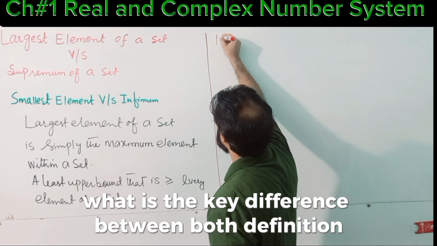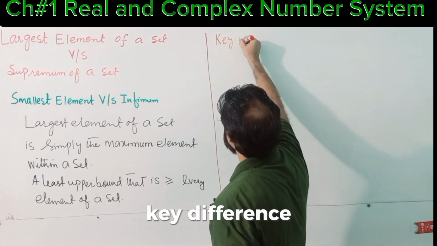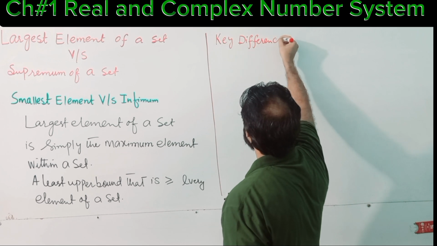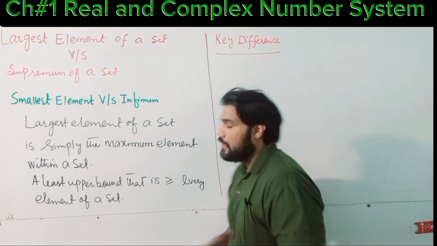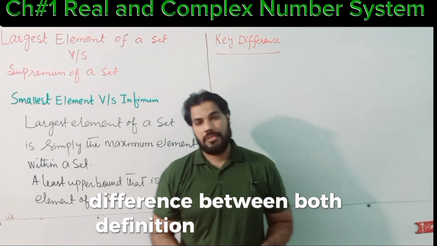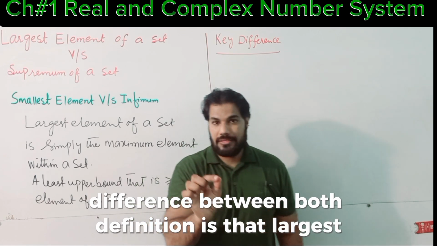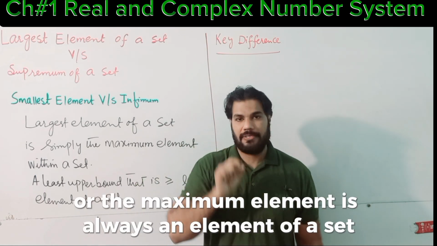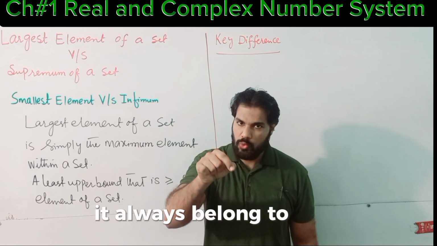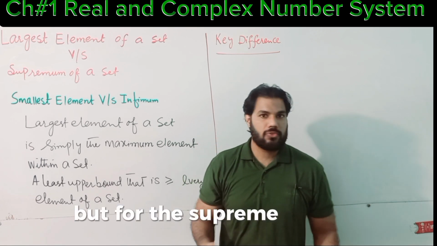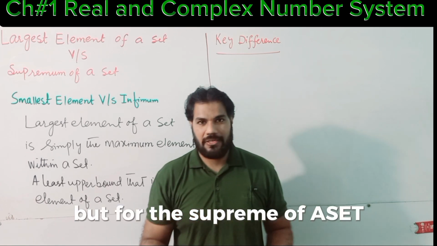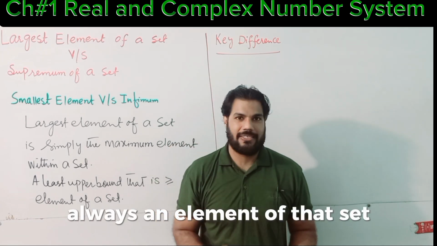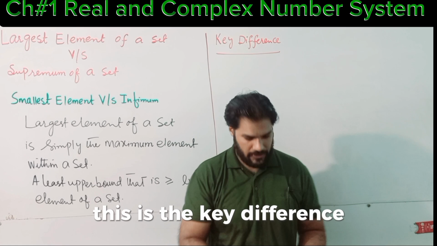The key difference is that the largest or the maximum element is always an element of a set. It always belongs to a set. But for the supremum of a set, it is not necessary that the supremum is always an element of that set. This is the key difference.